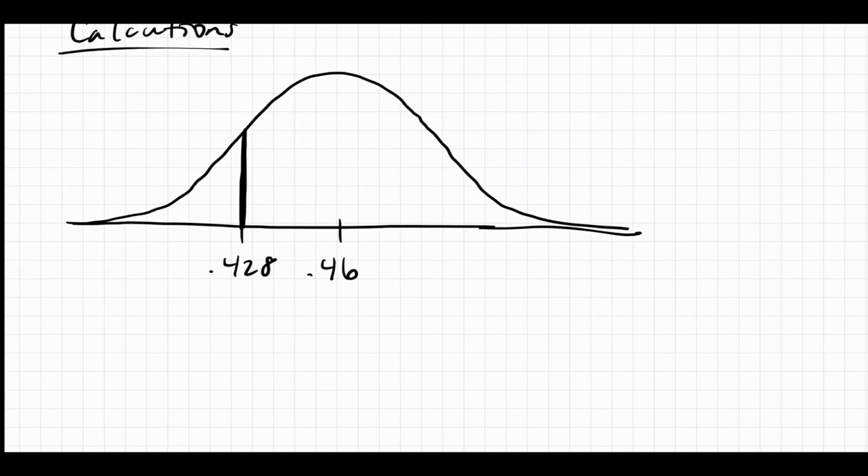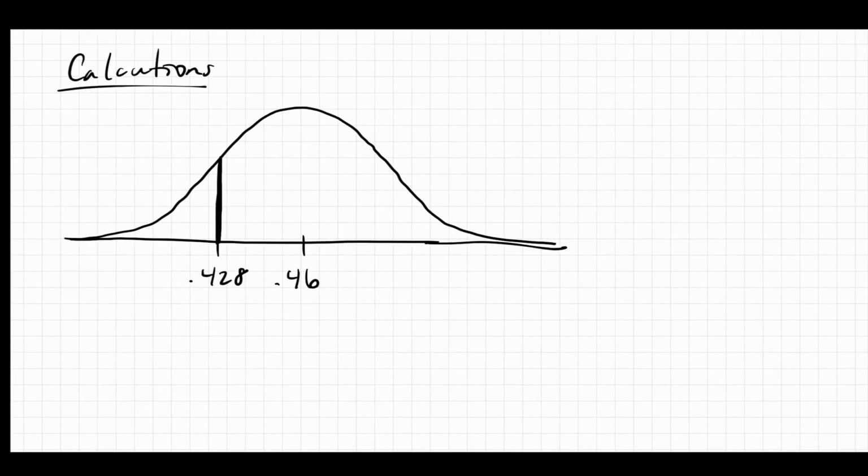Okay? So, first thing is, it could be less, right? So we're going to shade less than this guy right here. That's one option, right? The other option is it could be greater.